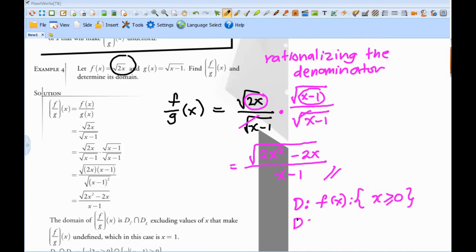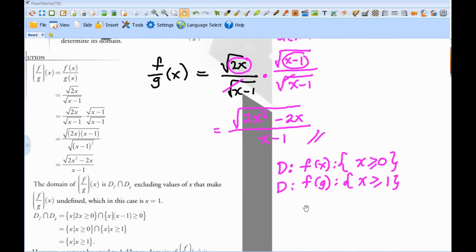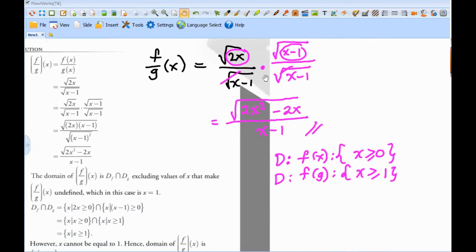And the domain on the second, f of g, it should be x greater than or equal to 1, because if that would be 0, it would get negative 1. Right? So we have two restrictions. Therefore, the domain for the whole function f of g of x should be bigger than or equal to 1.